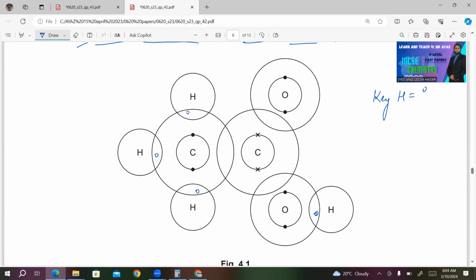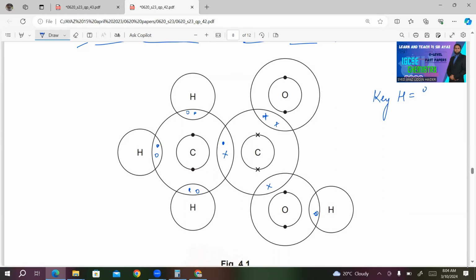What about carbon? It contains 4 valence electrons. For the carbon on the left hand side, 1, 2, 3, 4. For the carbon on the right hand side, 1, 2. Now the last 2 electrons will form a bond with the oxygen on the right hand side because it's a double covalent bond. So you'll have 2 valence electrons placed here. What about oxygen?